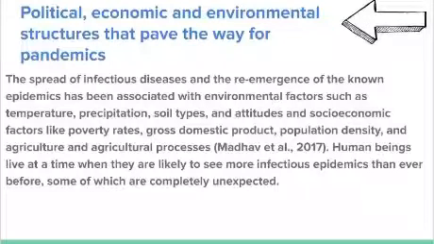Human beings live at a time when they are likely to see more infectious epidemics or pandemics than ever before, some of which are completely unexpected. So basically these are some factors that can bring about pandemics and why it can occur in this day and age.